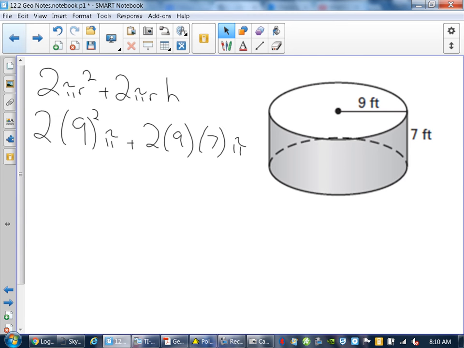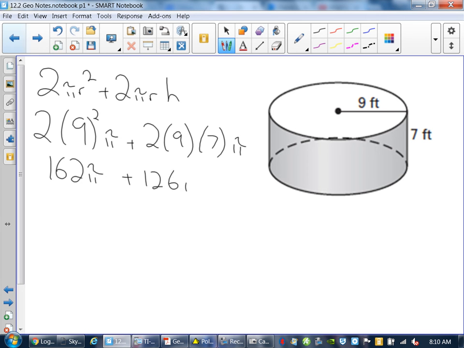If you don't have that calculator, knowing that you're going to add something with pi and add something with pi, you can just put all the numbers together and put pi in it at the end. So I have 81 and 2 is 162 pi. 63 and 2 is 126 pi. Add those two together and we should get 288 pi squared feet.